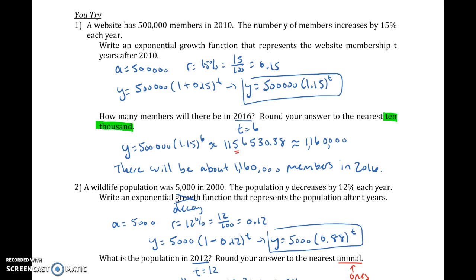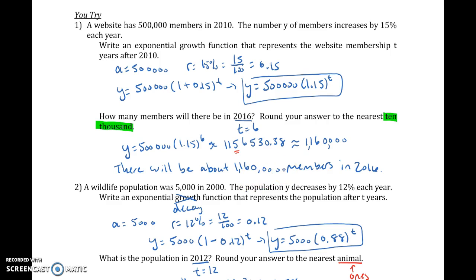All right, so check your work. So check your function for 1, and then taking a look at how many members will there be in 2016? That's 6 years after 2010. So plugging in 6 for t, rounding to the nearest 10,000, we should get about 1,160,000.